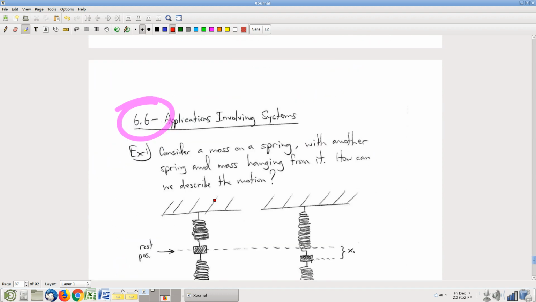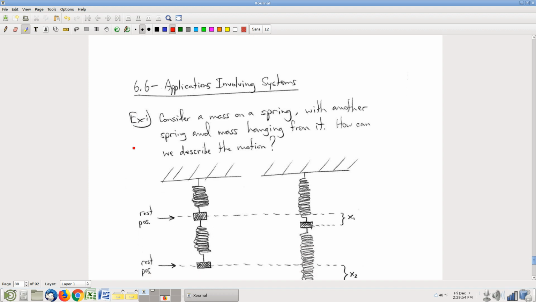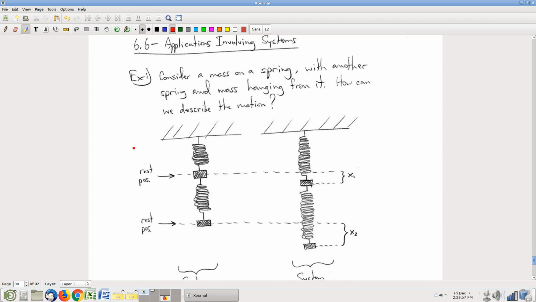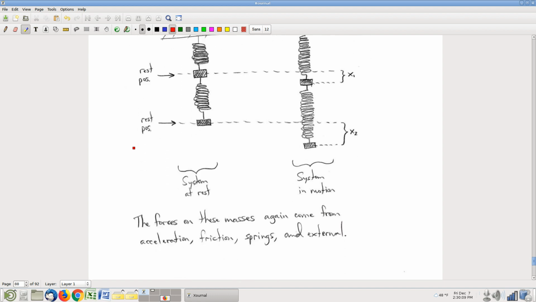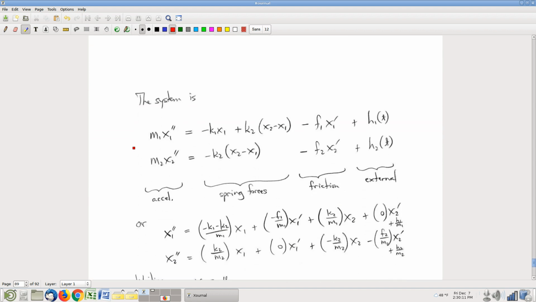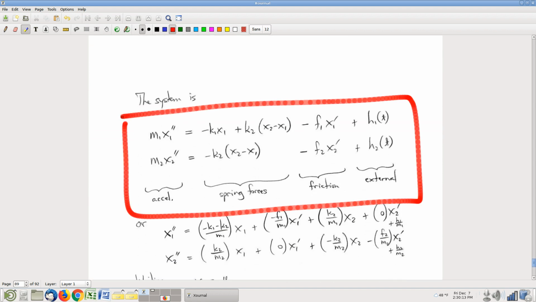Again, section 6.6, this business with mass on a spring on a mass on a spring. This problem, right? Our first intuition is that this is really, really hard to deal with. I'm going to have to gloss over the details because we are technically out of time here. But if you just write down all the forces, this is just a little physics. There are spring forces, there are friction forces, whatever external forces may be acting.